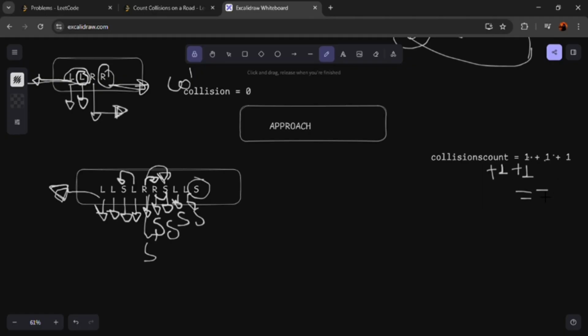Okay, so the idea here is, we take an i pointer, and we look at the current character: if the character is equal to S, then we don't do anything.